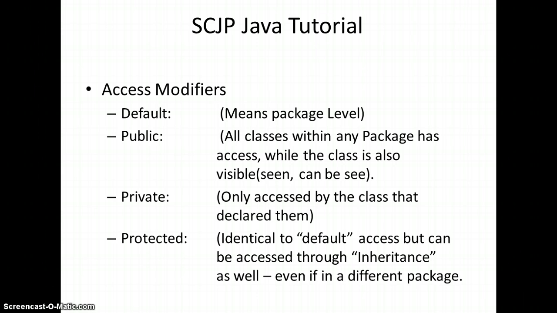Always remember that. So if I'm trying to access a public class, the class that I'm using to access it must be public too. Basically, that's what visible means, to see. So they can see each other, and it can grab information from the other class. Private: only accessed by the class that declared them. So anything within that class is accessible only by that class that declared it.